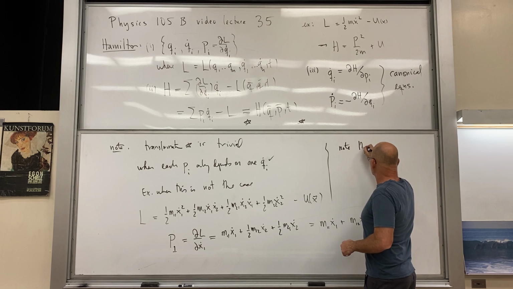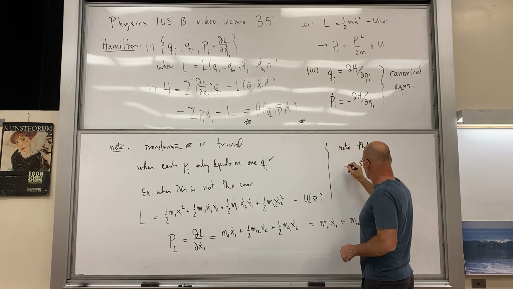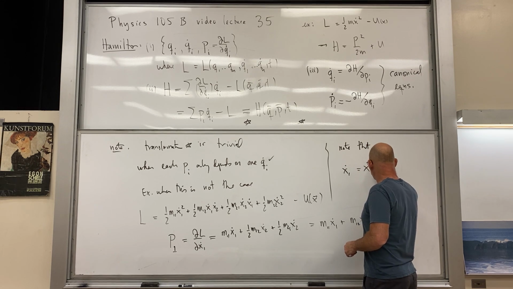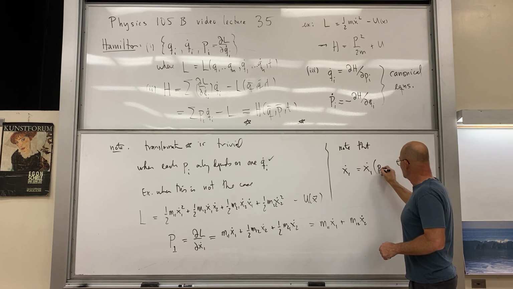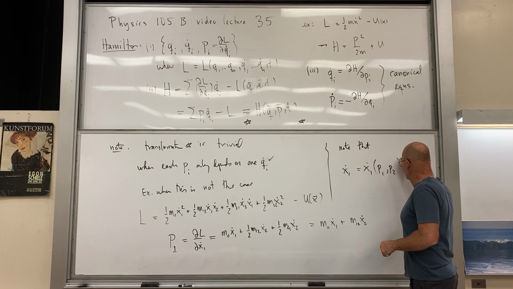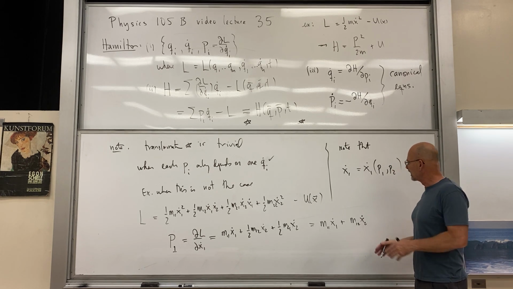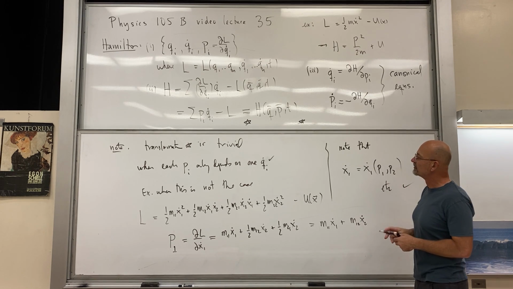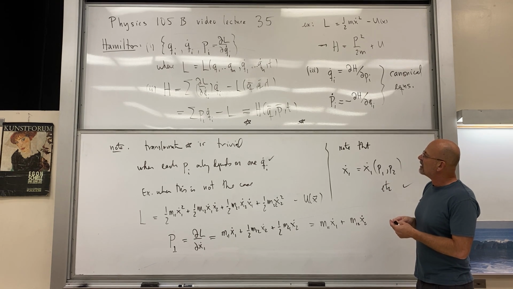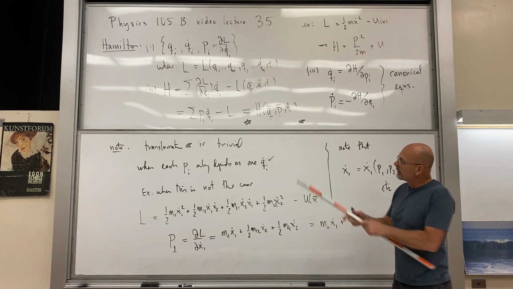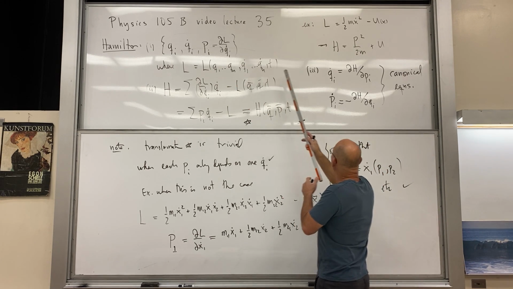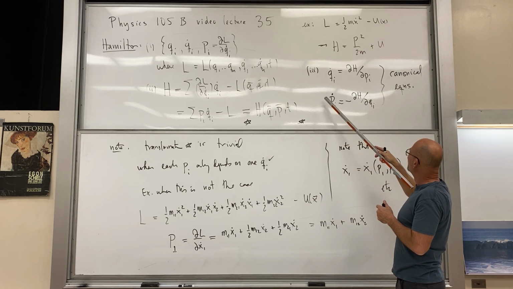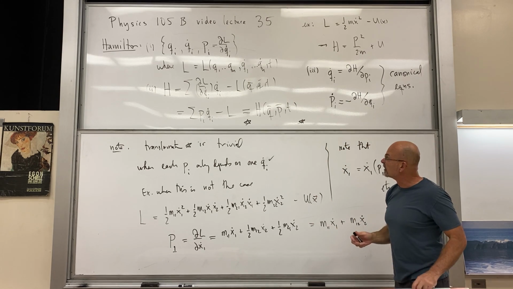So note that x1 dot is then going to be x1 dot depending on p1 and p2. So it can be inverted, it just takes a little more work, etc. Okay. So good, we're back to finding a Hamiltonian, getting it into this form here, and then we have the canonical equations.